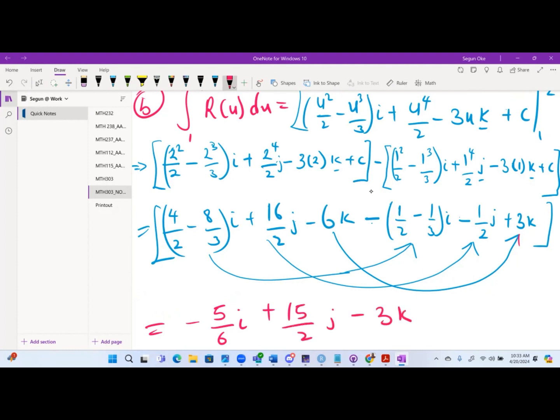You can see minus 3K already. Minus 6 plus 3 minus 3K. So when you add this and this together, you have this one too. Then you resolve this one, you have this. So component by component. Any question?